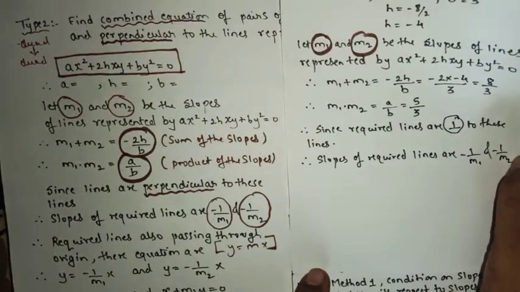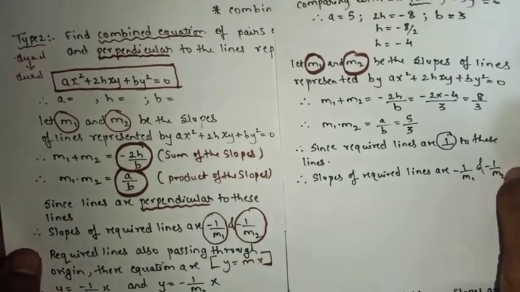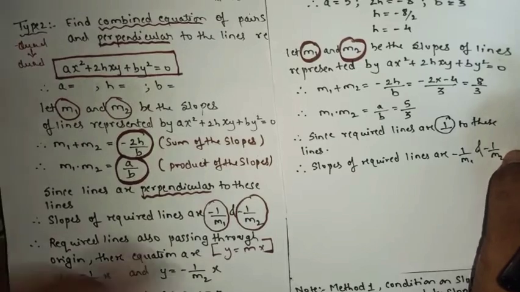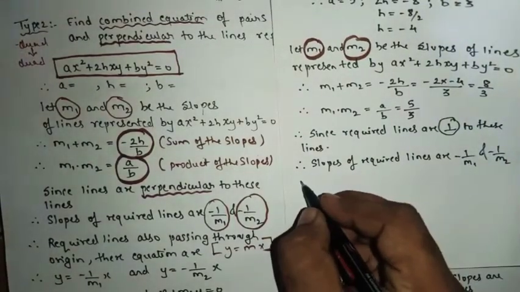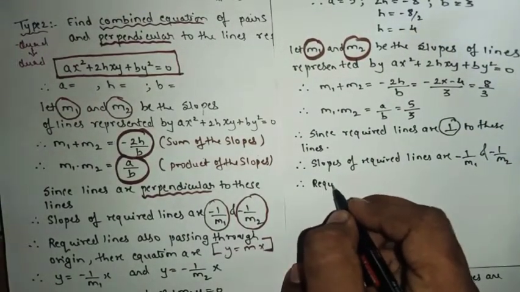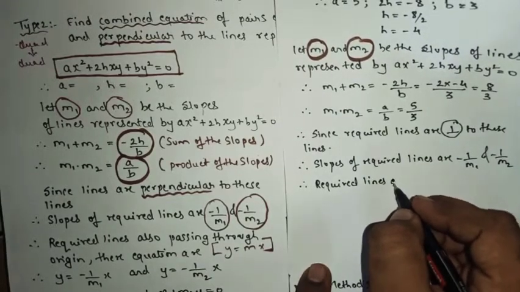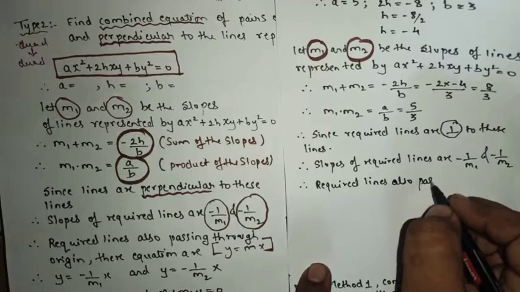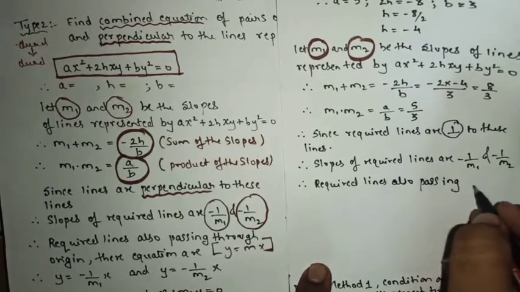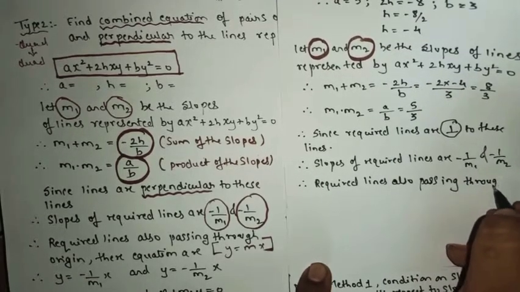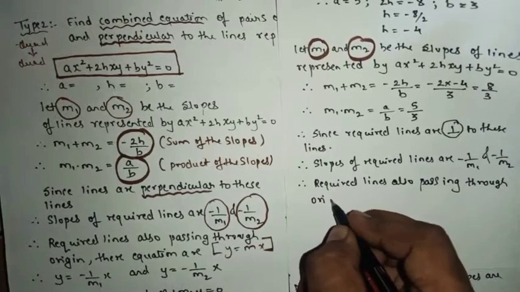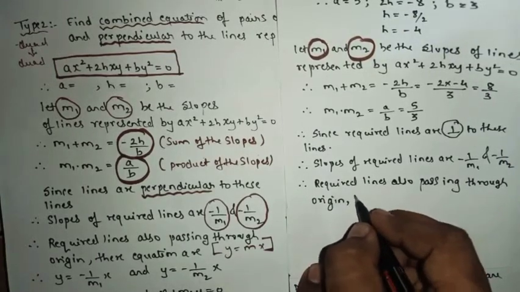Okay, so now after that, required lines are also passing through origin, as we know that origin means 0 comma 0.